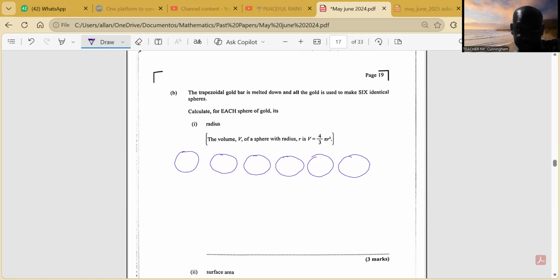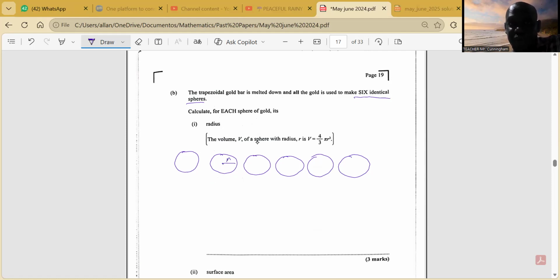All right, so I have 6 identical spheres. Calculate for each sphere of gold its radius. So they want the radius of the sphere.